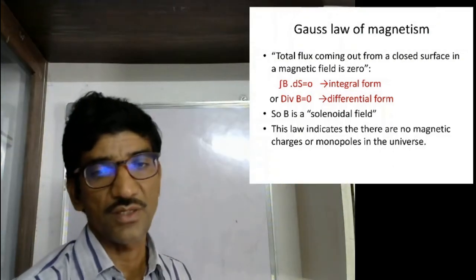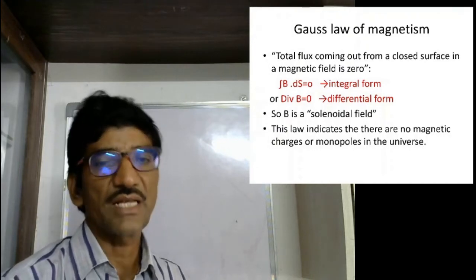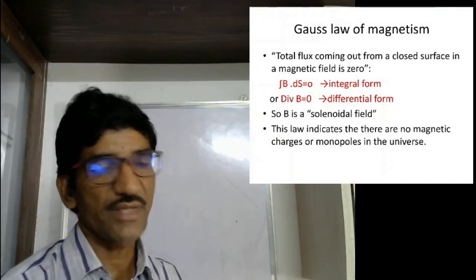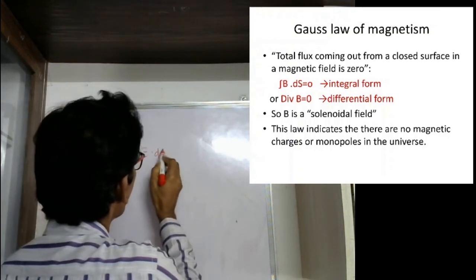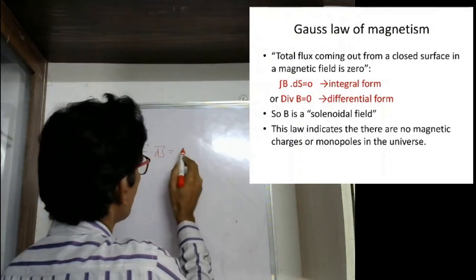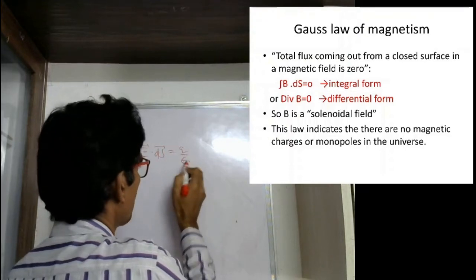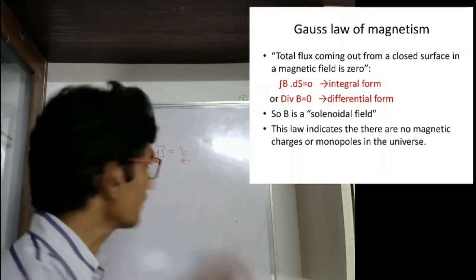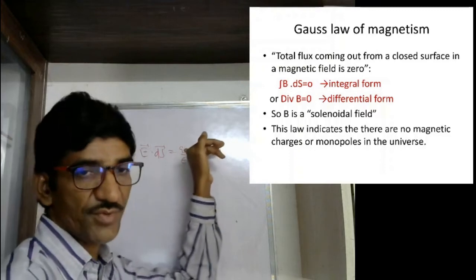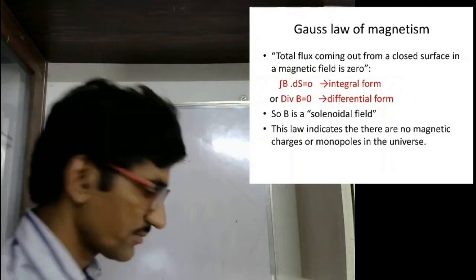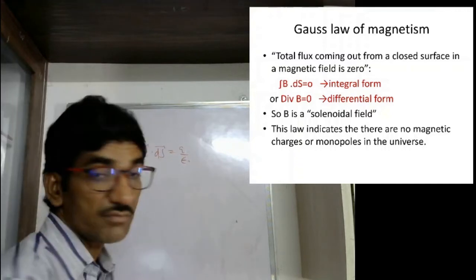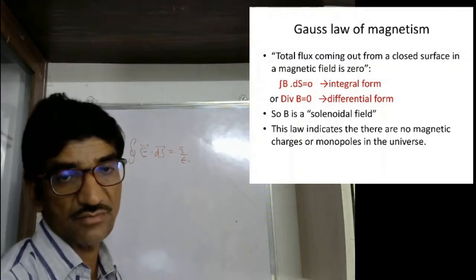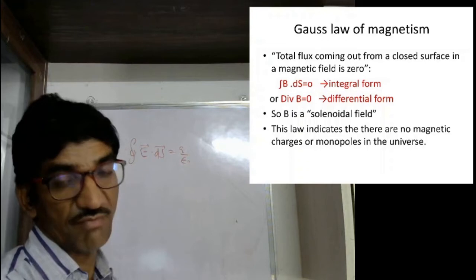What is Gauss law of magnetism? You know the Gauss law of electrostatics. What is that? Integral E dot ds is equal to q by epsilon naught, where q is the charge responsible for the electric field. Here, how to write the same Gauss law for magnetism?